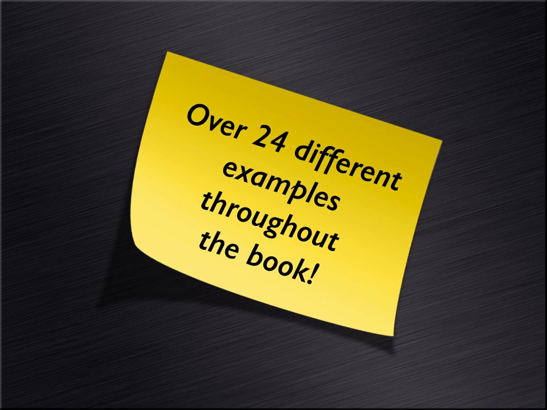So altogether, we have 24 different examples throughout this book, but not just 24 examples. It's 24 examples that are explained how we arrived at the answer. It explained how everything was obtained so that they could get the gist of it, okay? Once they understand it, they can have a little bit better impression of it.